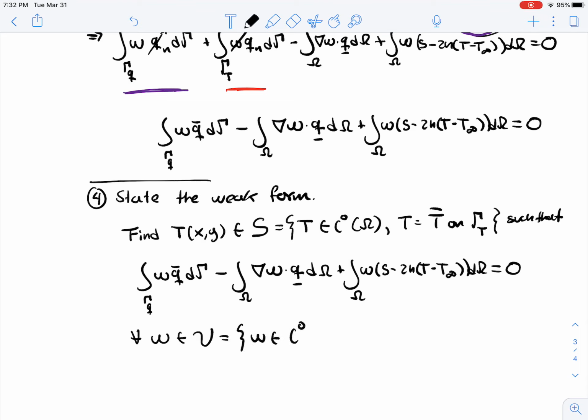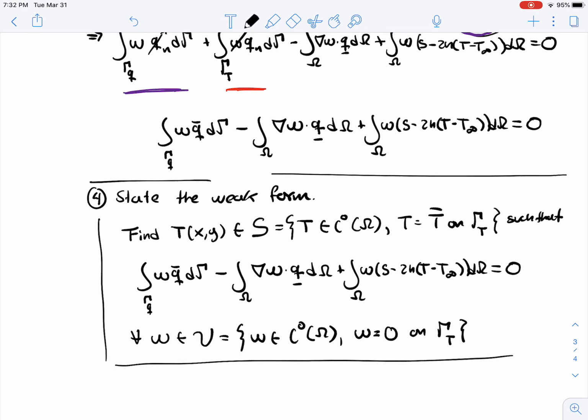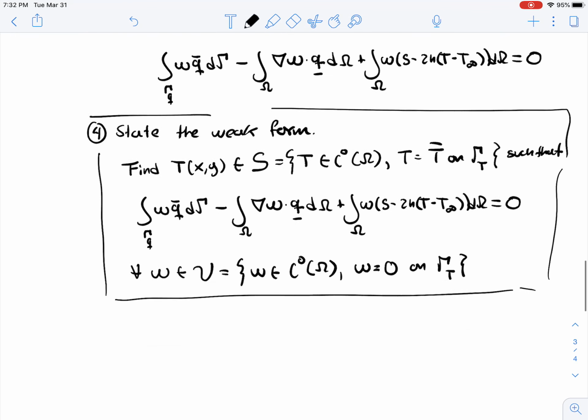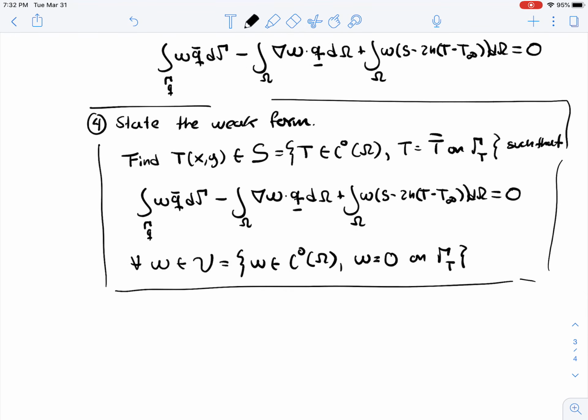I'm going to call it V, which is the space of functions which have to be also C0 over omega with w equals 0 on Gamma T. That's it. So that's the weak form corresponding to that initial strong form.